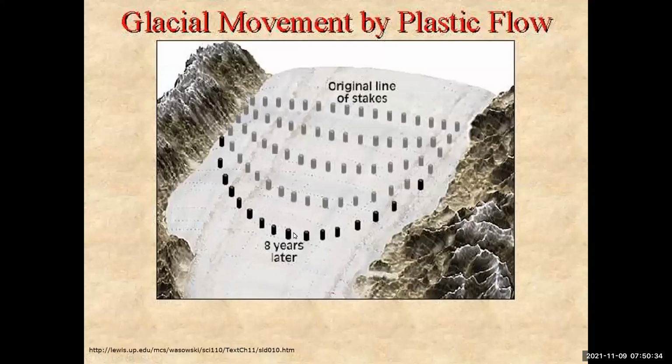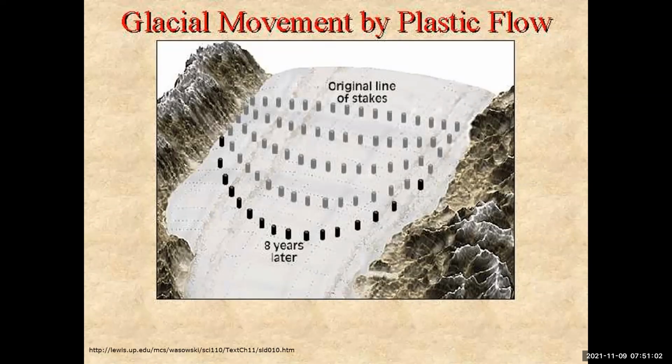And this is a great graphic that I think illustrates that internal flow. The ice itself, while a solid, will flow plastically, particularly in the central portions of the glacier. So just like our rivers, the fastest flowing portion of a river is right in the center of that river, just below the surface. Very much true for ice as well.